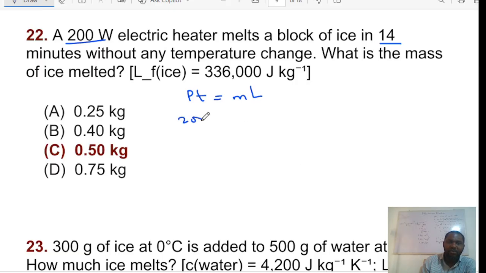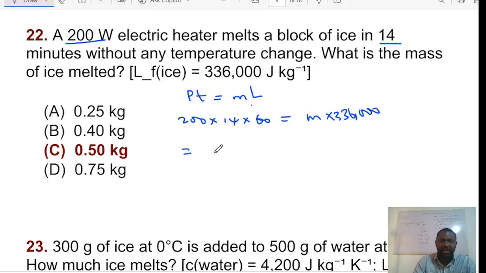The power here is 200, the time is 14 minutes, which is 14 times 60, equal to ml. The mass is what we are looking for, and the specific latent heat is 336,000. Using the calculator, 200 times 14 times 60 is 168,000, which equals 336,000 m.